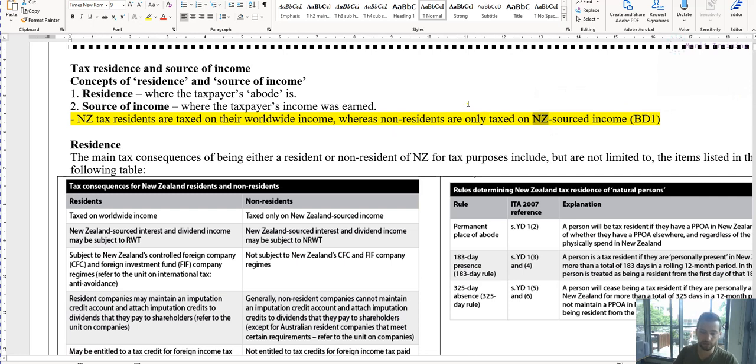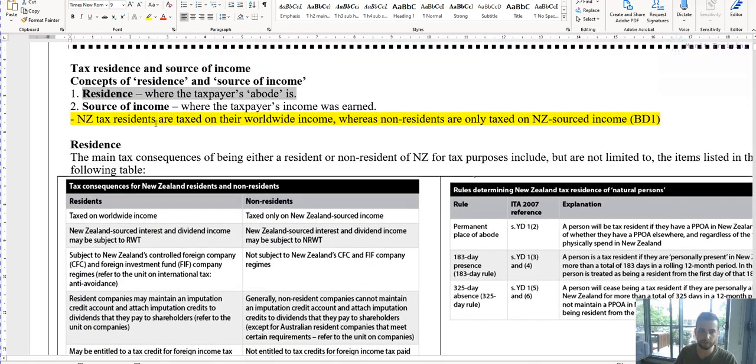And especially in this digital age, the line can be blurred more and more, right? For example, what if you're living in New Zealand but selling a digital good to someone in India? Did you earn that income in New Zealand, or did you earn that money in India? So we'll start to talk about what the rules are for determining where that income is sourced, and also how do you know if you actually are a resident? Do you have to live there to be a resident? What happens if you have a house there but are away for most of the year? So these are the kinds of questions that we'll be asking.